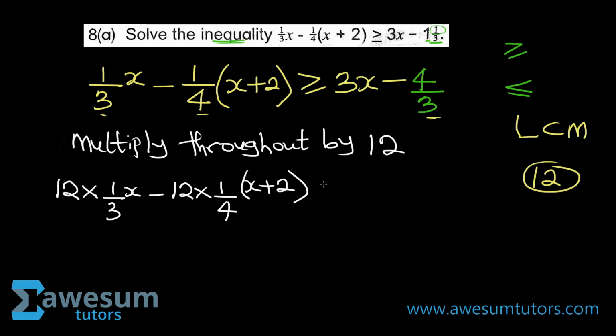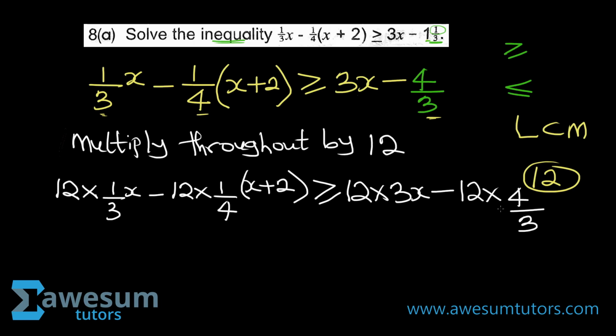Very good, guys. Then you put your greater than or equal to sign. Then 12 also is going to multiply 3x. 12 times 3x, minus 12 is also going to multiply this, 12 times 4 over 3.